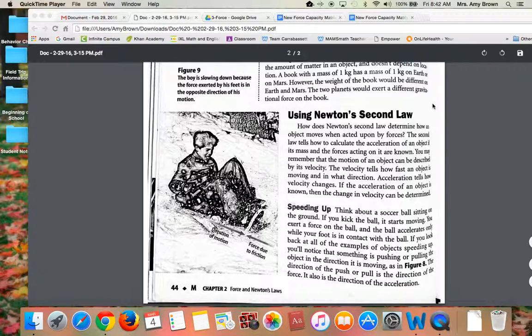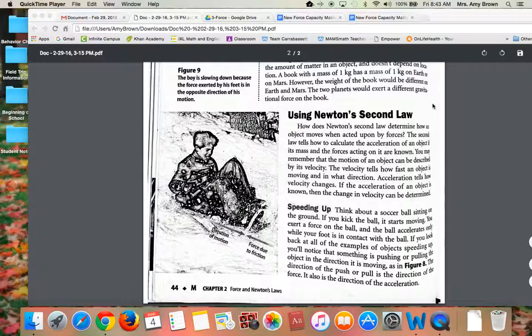The second law tells how to calculate the acceleration of an object if its mass and the forces acting on it are known. You may remember that the motion of an object can be described by its velocity. The velocity tells how fast an object is moving and in what direction. Acceleration tells how velocity changes. If the acceleration of an object is known, then the change in velocity can be determined.